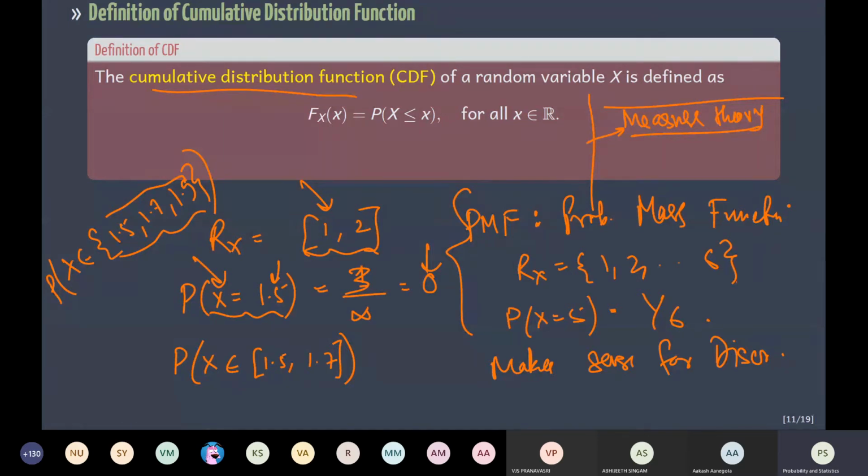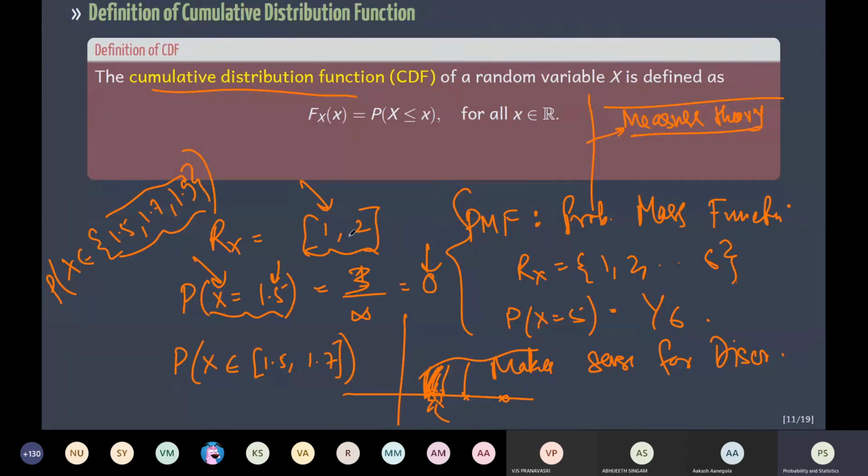The concept of area and so on, you will do over a measurable set. I cannot compute an integral over a set which is not measurable, like discrete points. How do I integrate over discrete points? But if someone tells me there is a measurable set of certain length, then I can talk about the area under the curve over that measurable set.